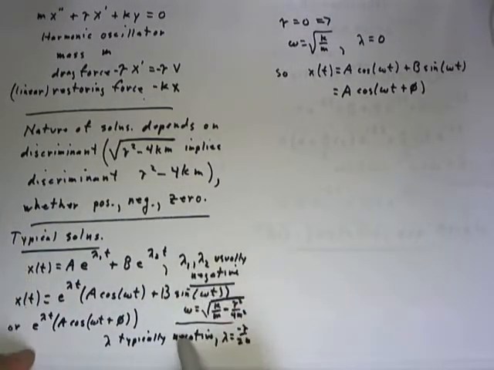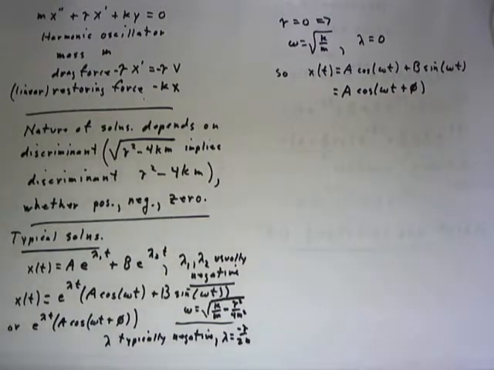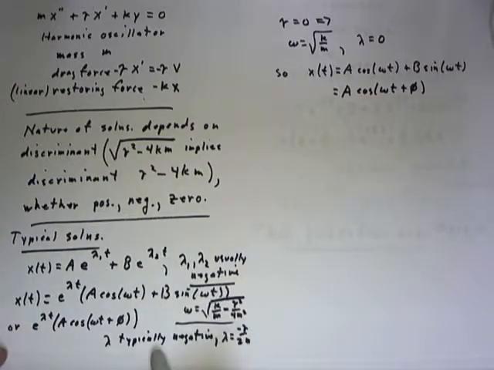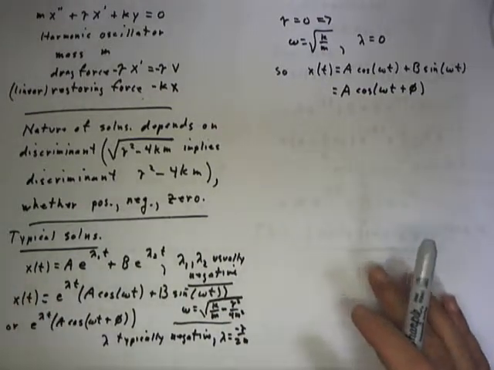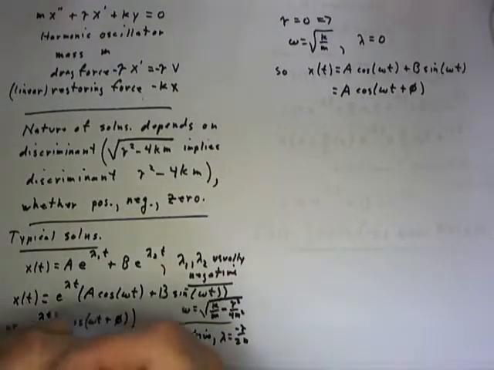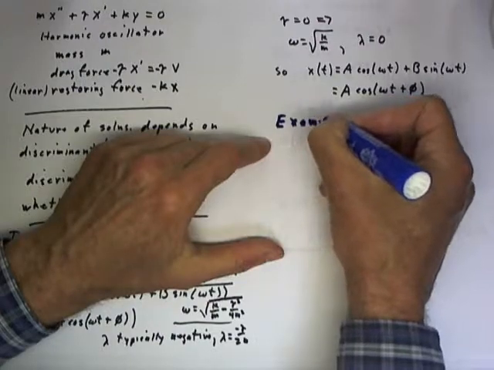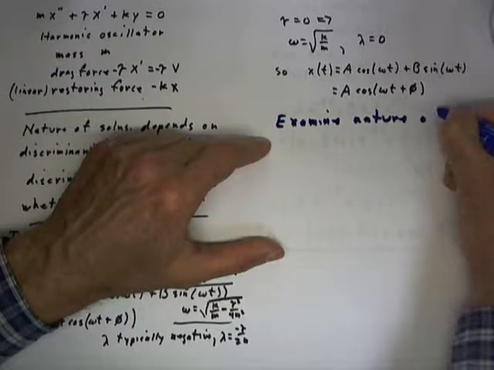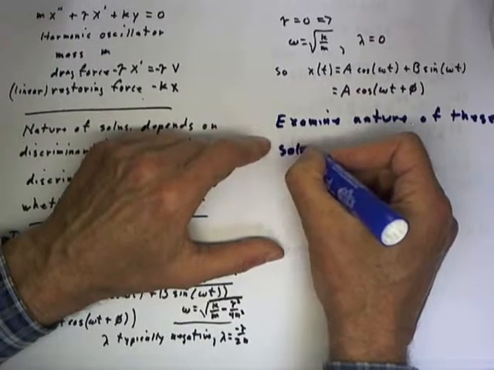The details of deriving these solutions are fairly straightforward once you have a little practice. So again, we're not going to solve the equations that give us these solutions. We've already done so in at least a few examples. What we want to do is examine the nature of these solutions.